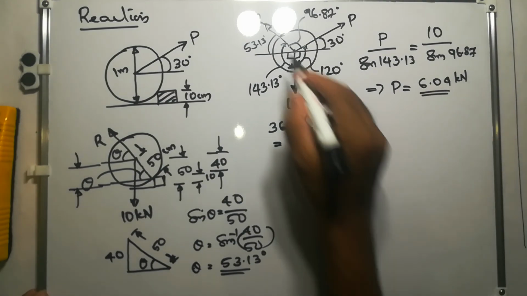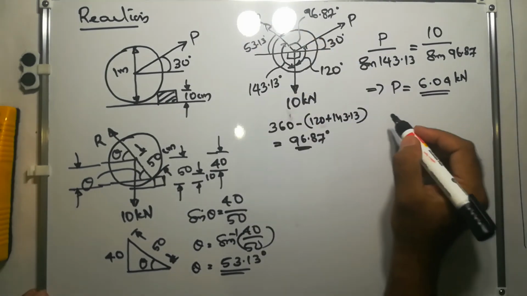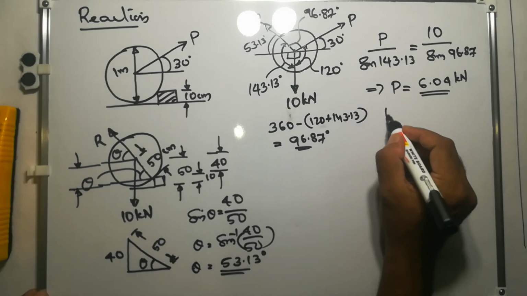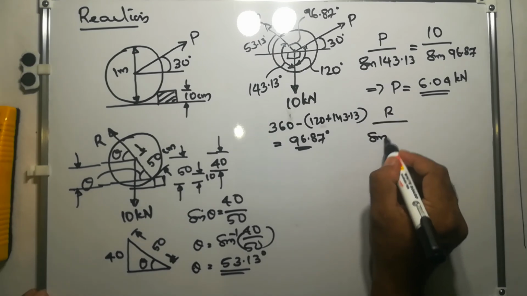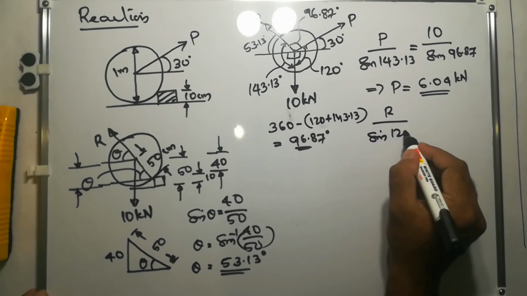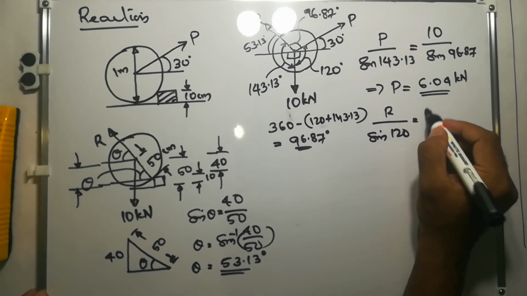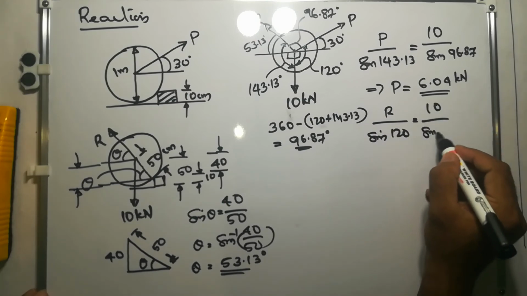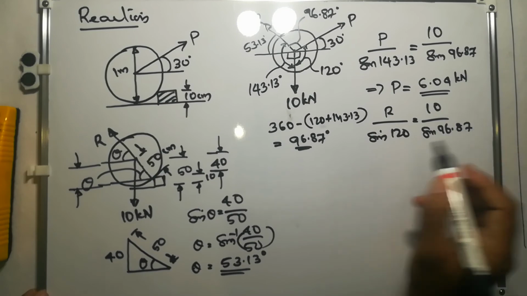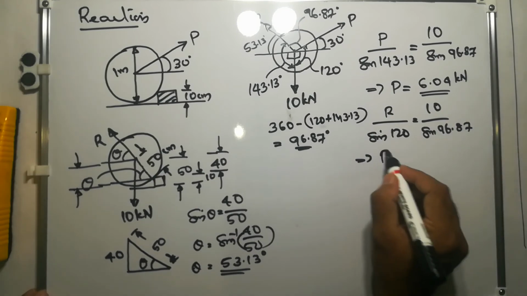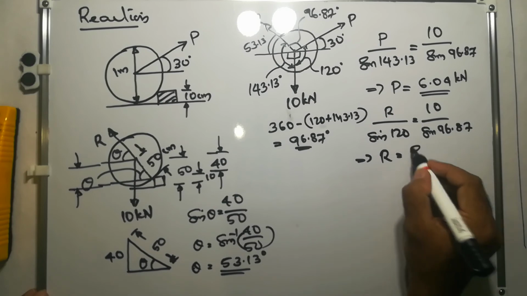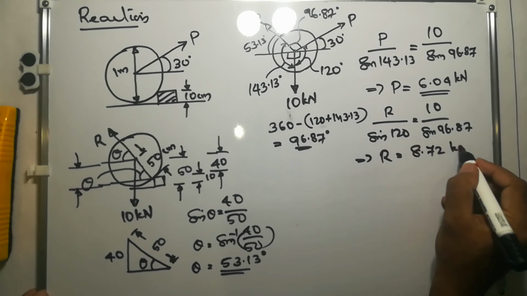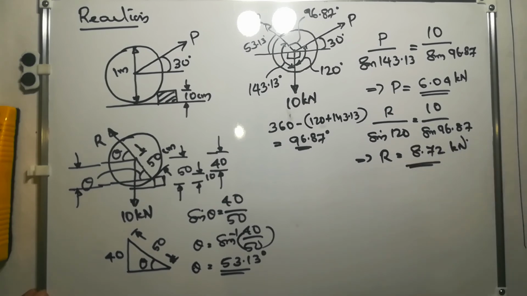And if you are asked to find R, then use the equation R by sine 120 is equal to 10 by sine 96.87, which will give you R equal to 8.72 kilonewton. So these are the answers, that is P is equal to 6.04 and R is equal to 8.72.